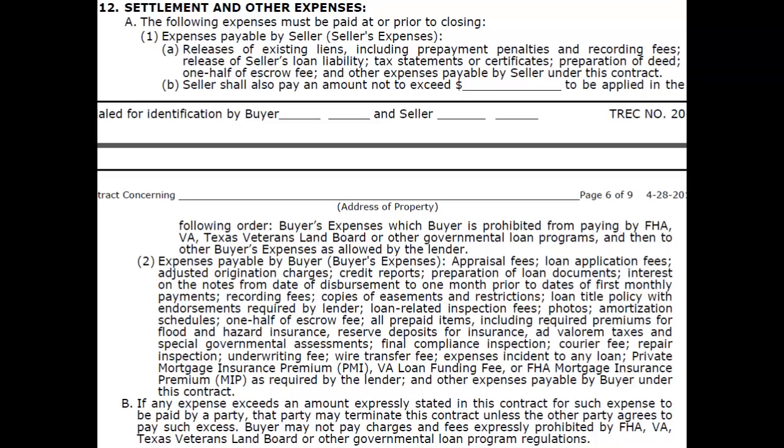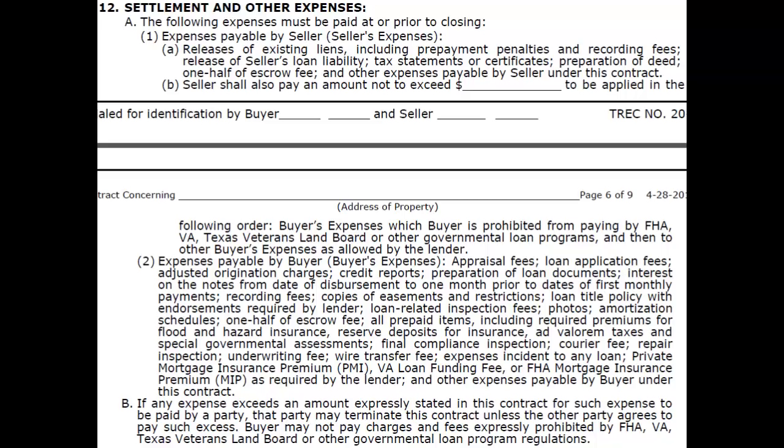Releases of liens, including prepayment penalties, which isn't all that often, but recording fees, release of seller's loan liability, tax statements, certificates, preparation of deed, 1/2 of the escrow fee, and other expenses paid by seller under the contract are in this section. That covers a lot of stuff. That's going to clear up some mystery for you when somebody starts asking why a fee is on my side.